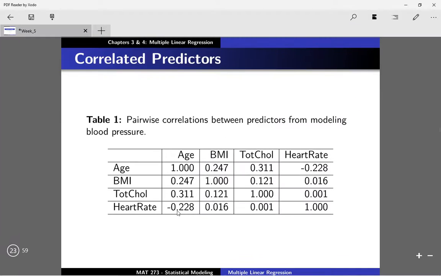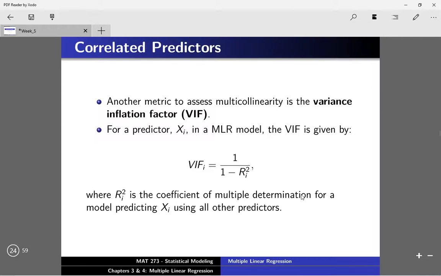So one way to check for multicollinearity, that's sort of a subjective way, is to just look at the correlations between pairs of explanatory variables in this way. Another thing that we can do to assess multicollinearity is to calculate what's called the variance inflation factor for each predictor variable, or VIF is what it's commonly referred to as.